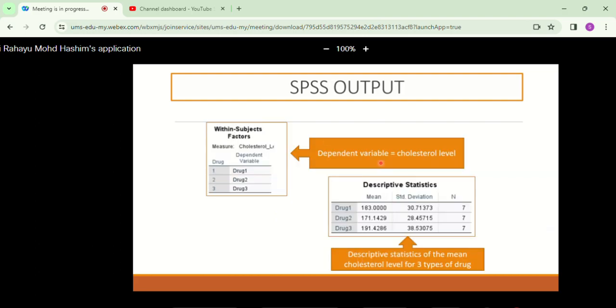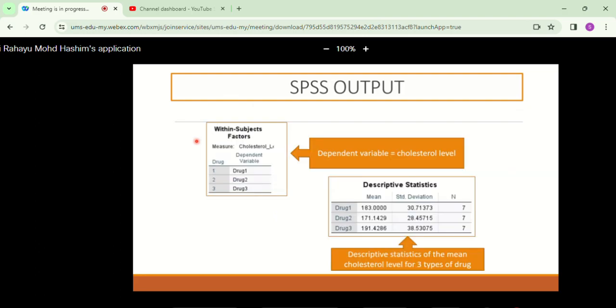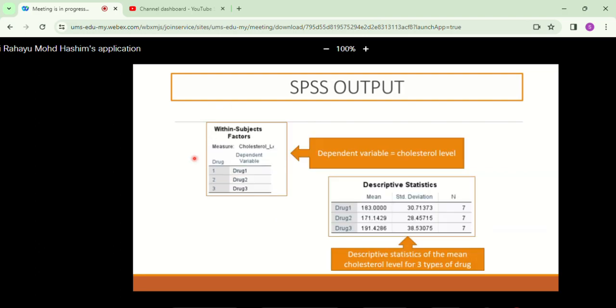So it means that the assumption of sphericity has been violated. So there's something that we need to do later on. That's all about the tests on the assumptions. Now we want to test the mean between drugs.